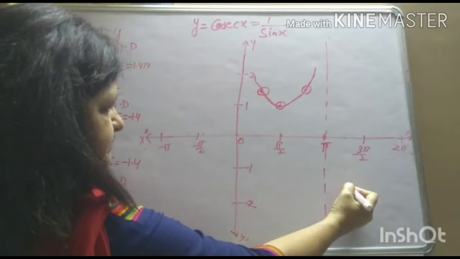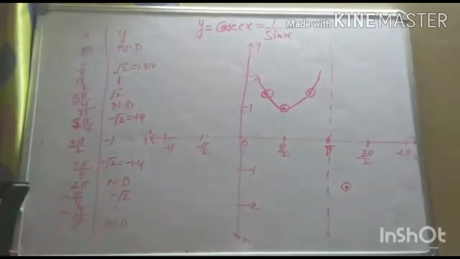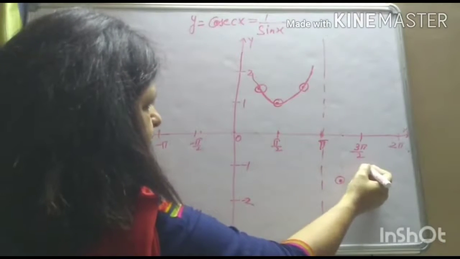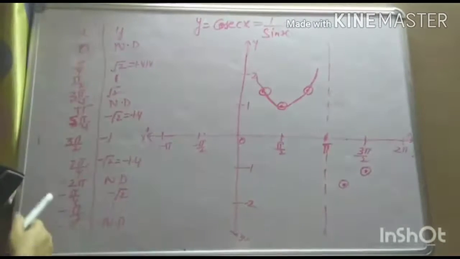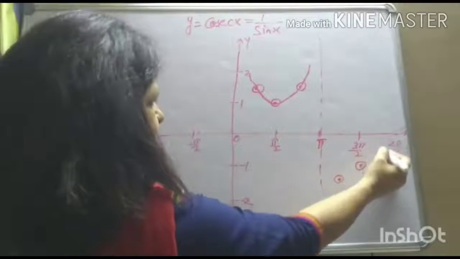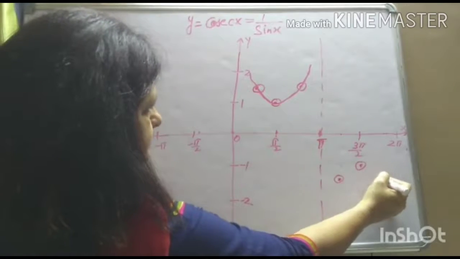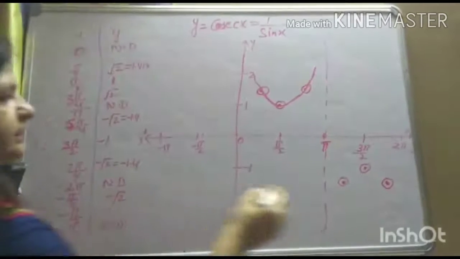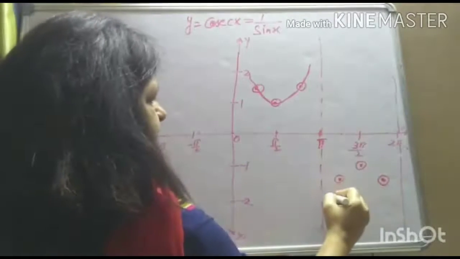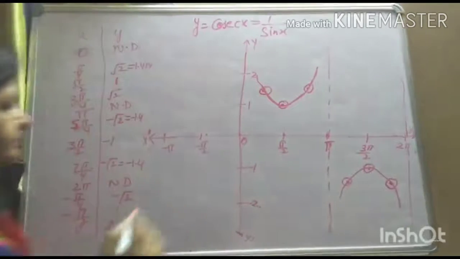It means minus 1.414. Then 3 pi by 2 is minus 1. Then 7 pi by 4 is again minus 1.4. And 2 pi is again not defined. So we will get shape like this.